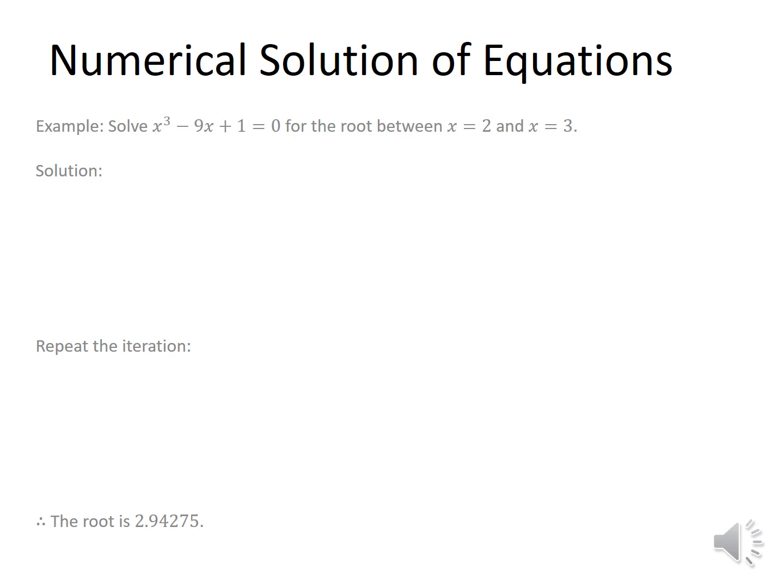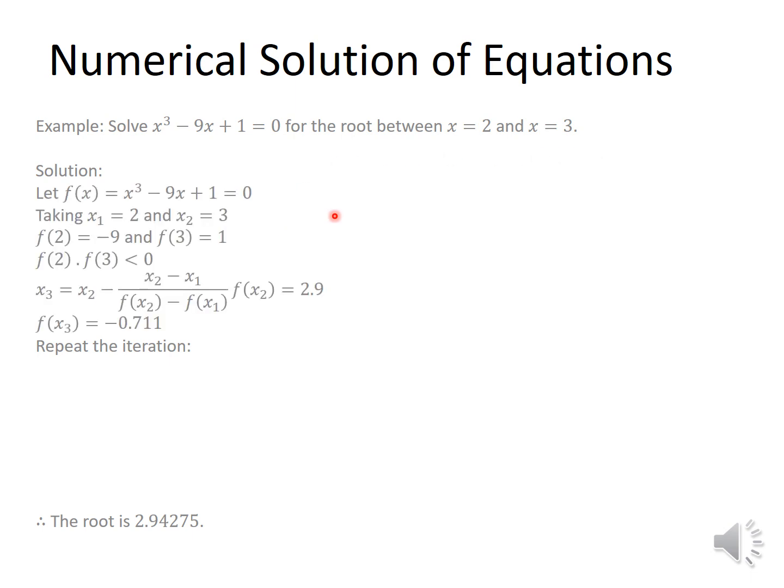Look at the last example. Solve x cubed minus 9x plus 1 for the root between x equal to 2 and x equal to 3. Meaning that the question just asks you to get one root of this function between x equal to 2 and x equal to 3 only.